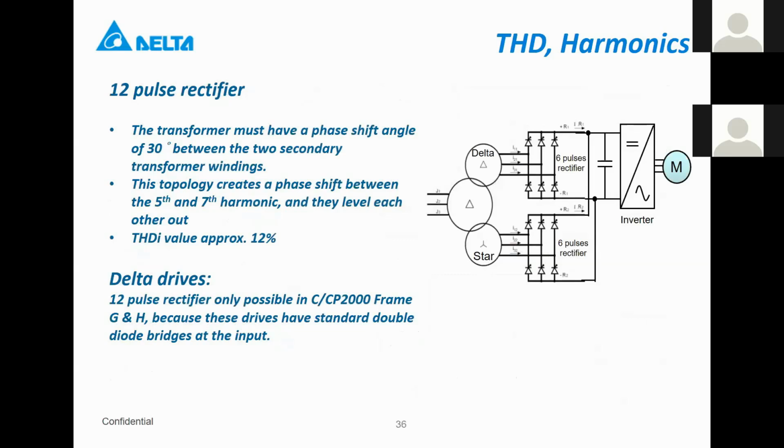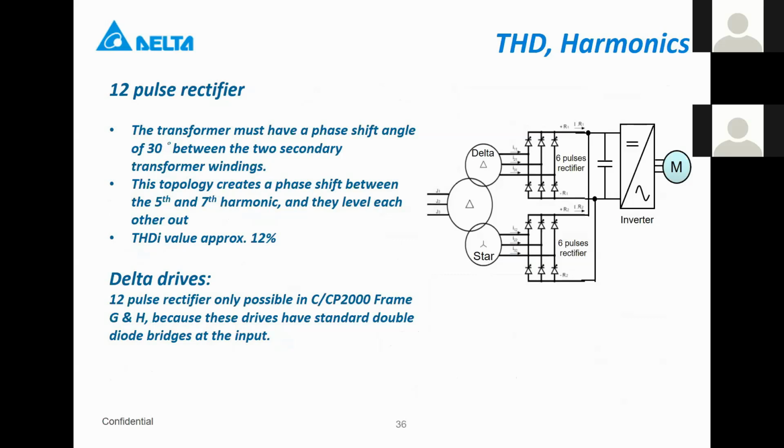And if you look to our drives, for example, the G and the H frame sizes of the CP can be used in a 12-pulse system because we have a double input rectifier. That means we have 12 diodes in the system.